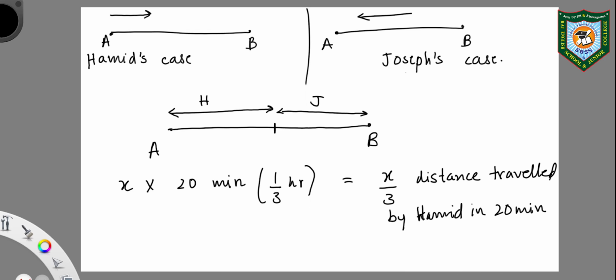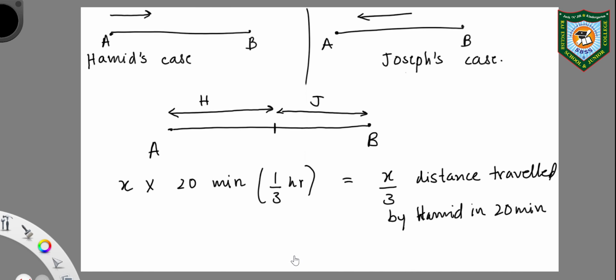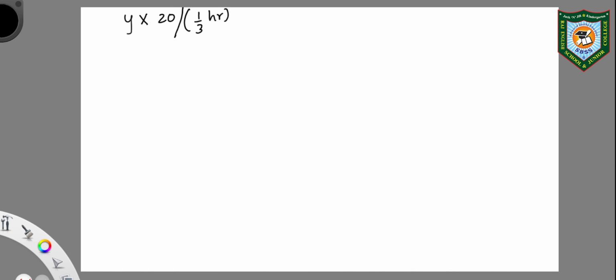Similarly, for Joseph, he travels at speed y and he covers his distance in 20 minutes, which is 1 by 3 hours. So Joseph travels y by 3 in 20 minutes.